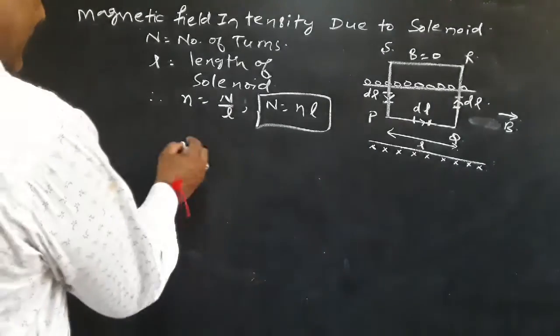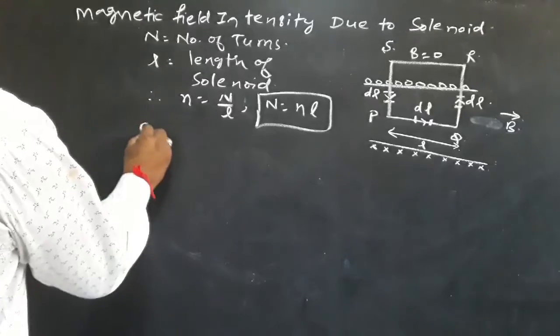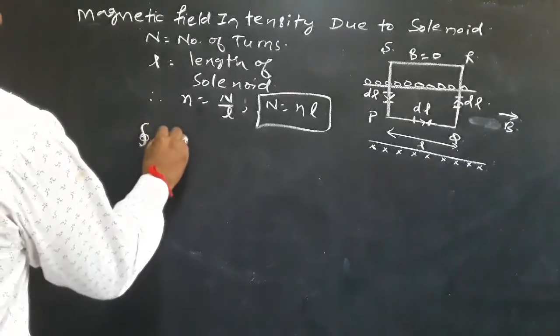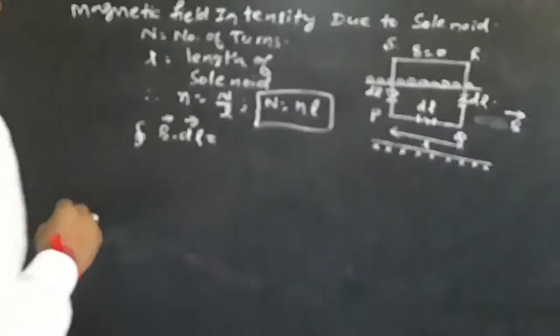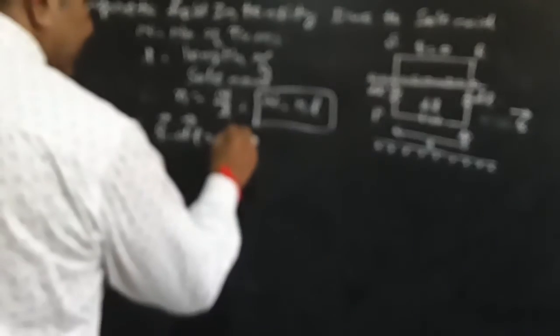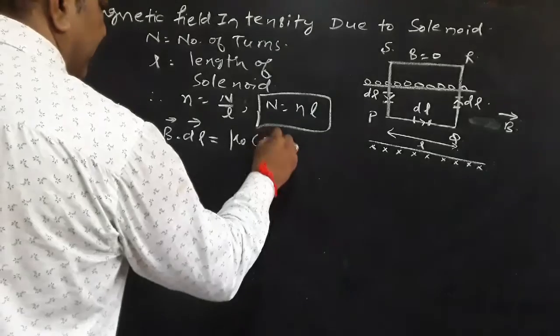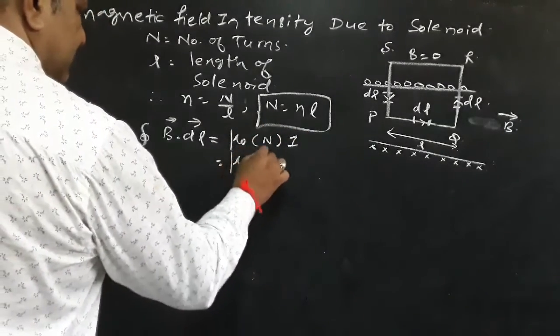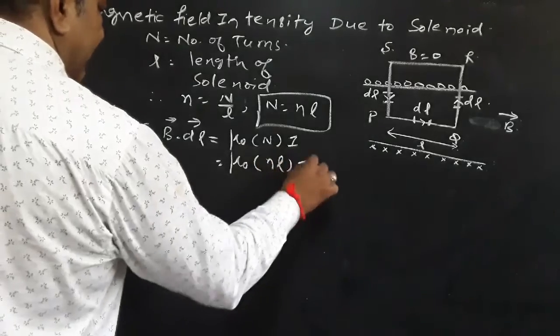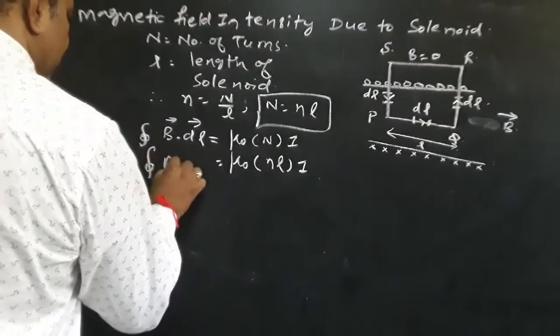Now according to Ampere's circuital law, we can write B vector dot dl vector equals mu naught capital N into I. We can put the value of capital N, this is nL into I. Equation number 1.